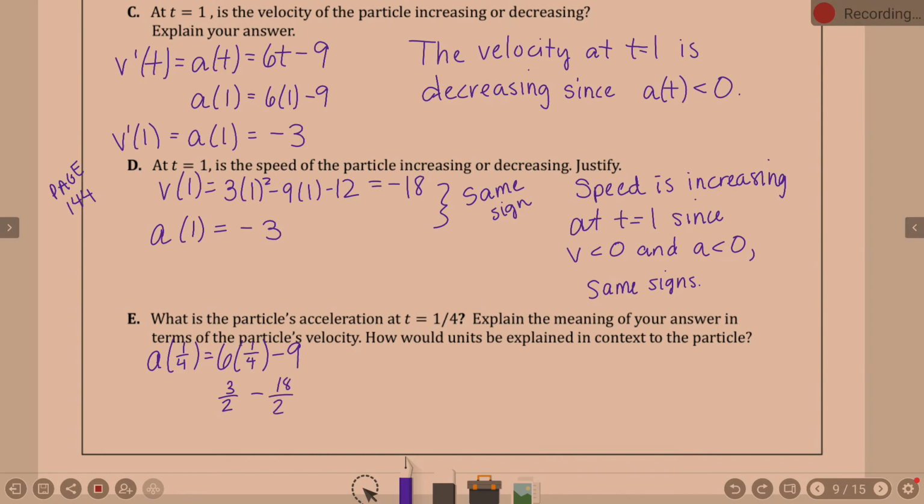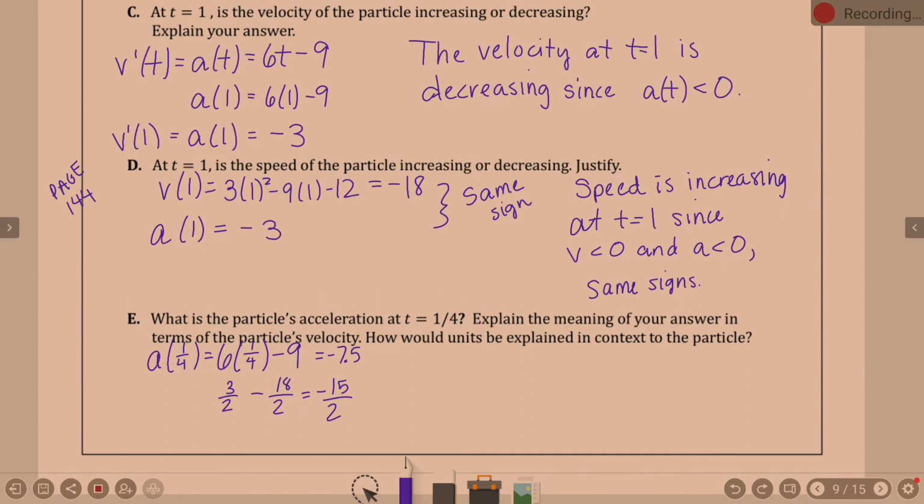So, there you end up with negative 15 halves. As I said, personally, when I did this on my own, my brain went to negative 7.5. However you're going to get there, one way or the other, right? Okay, so that is the first answer. The particle's acceleration is negative 7.5 or negative 15 halves.